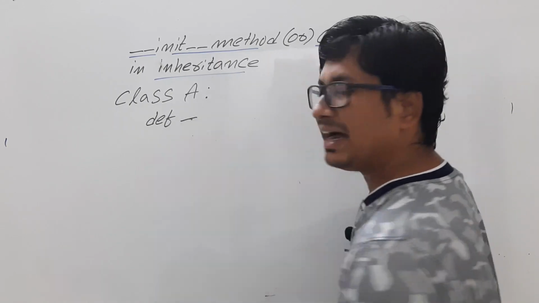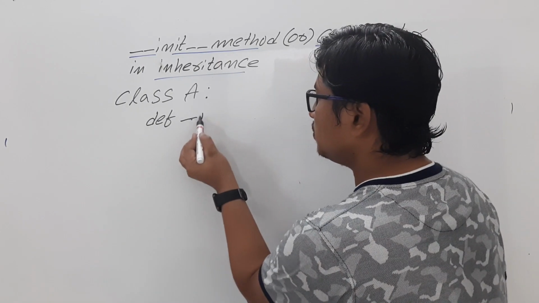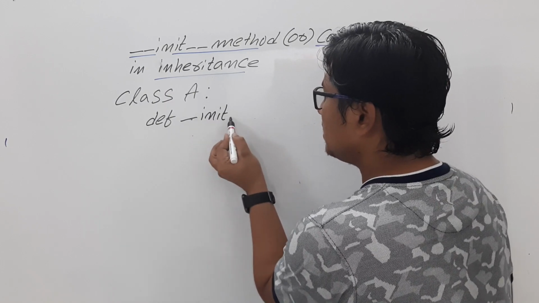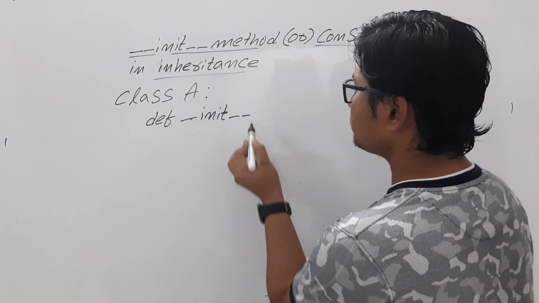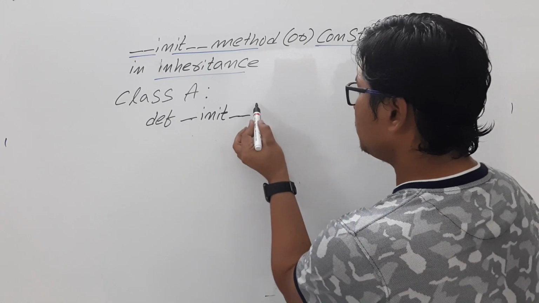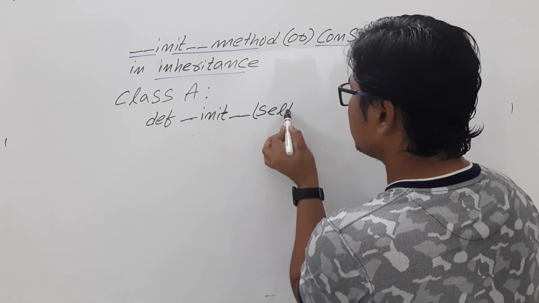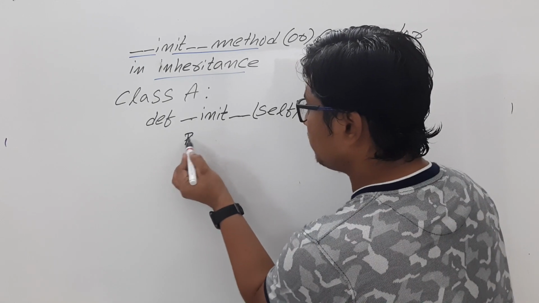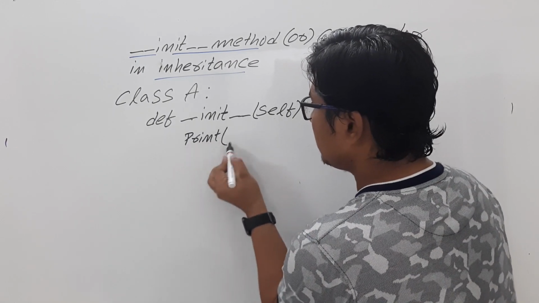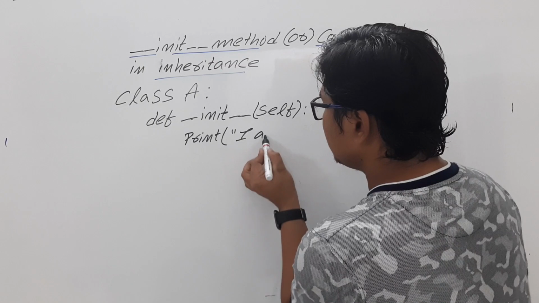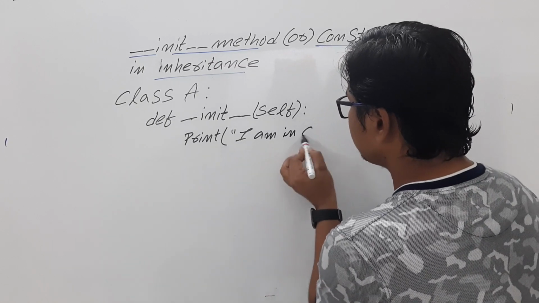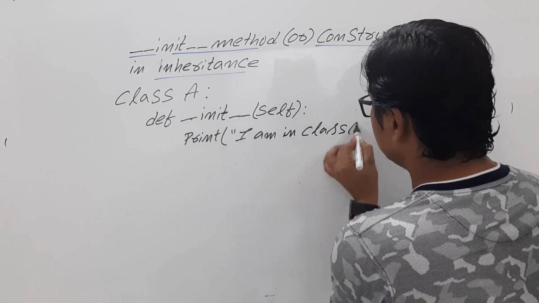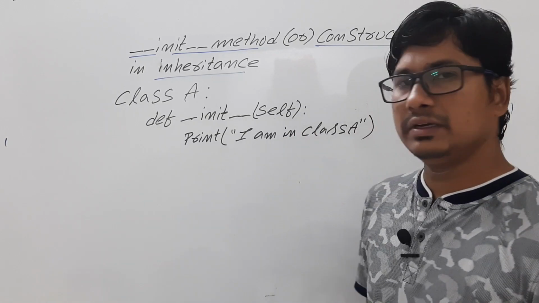So you have underscore underscore, but there should be no space, init, underscore underscore. And then you have to write at least one parameter, which is self. Now let me write a statement called print, I am in class A. Let's take that this is the output I want to give.